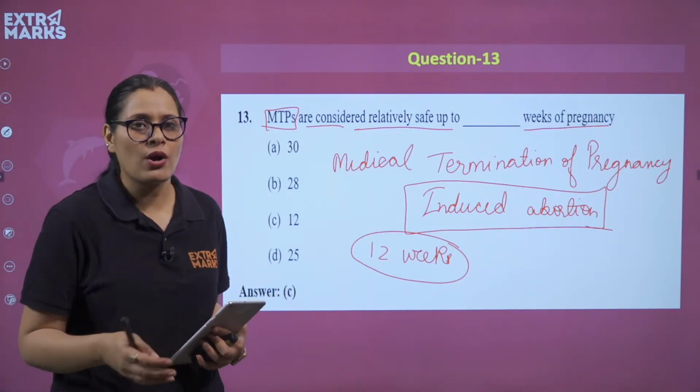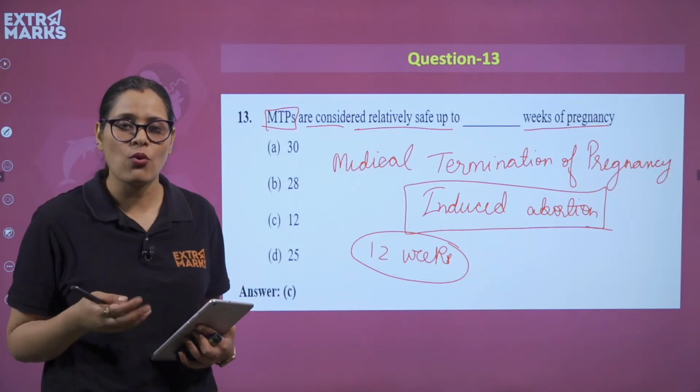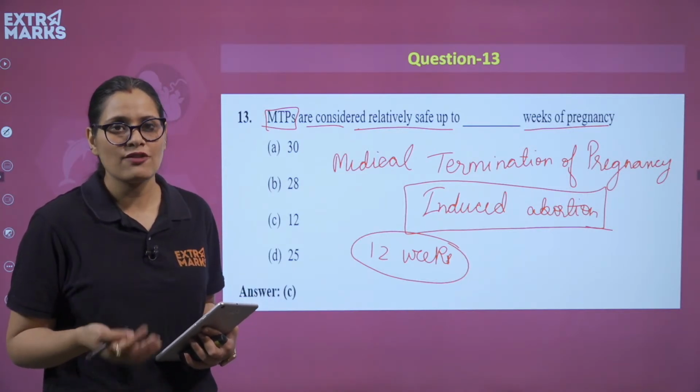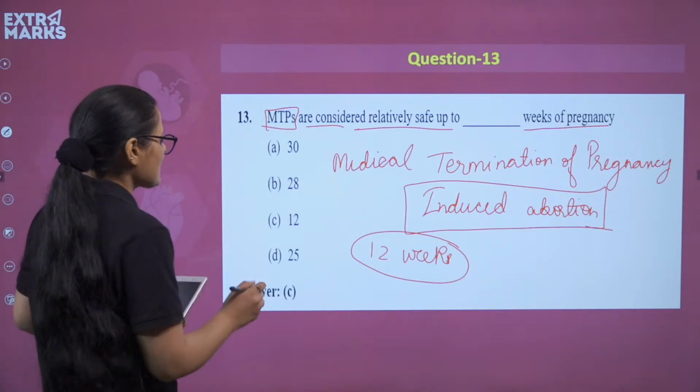If it goes beyond that, it can proceed up to 24 weeks when you take the advice of two medical practitioners. So the answer is option number C.